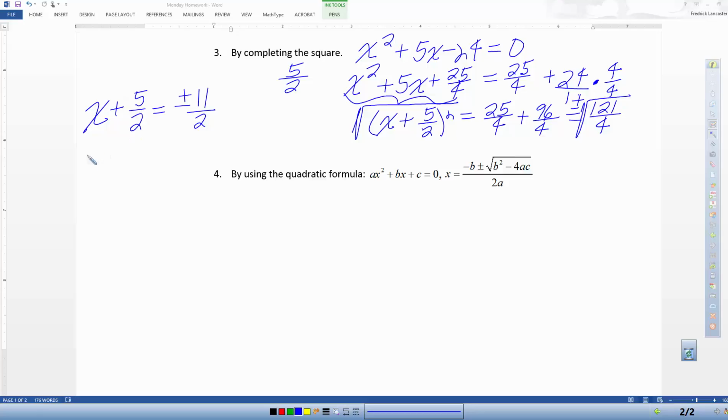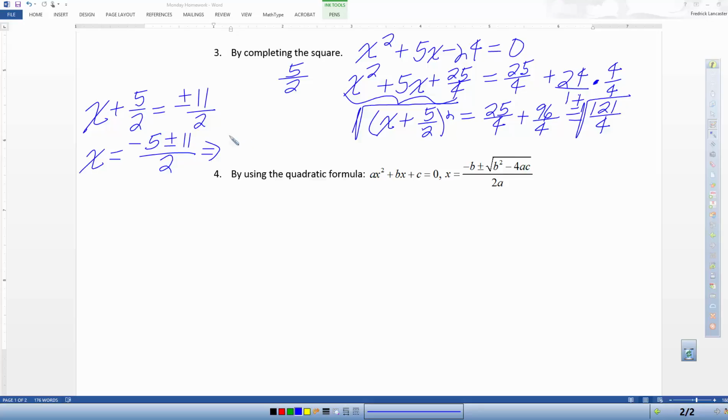So x equals -5 plus or minus 11. Since this was a common denominator, it's all over 2. So that's going to give me two solutions. -5 minus 11 is -16.